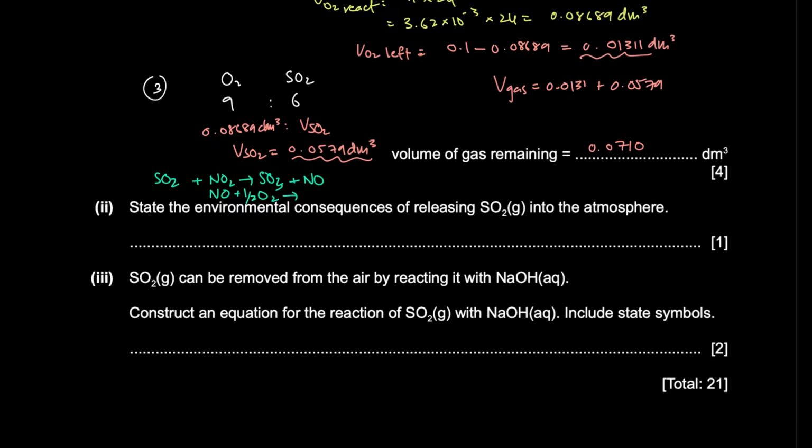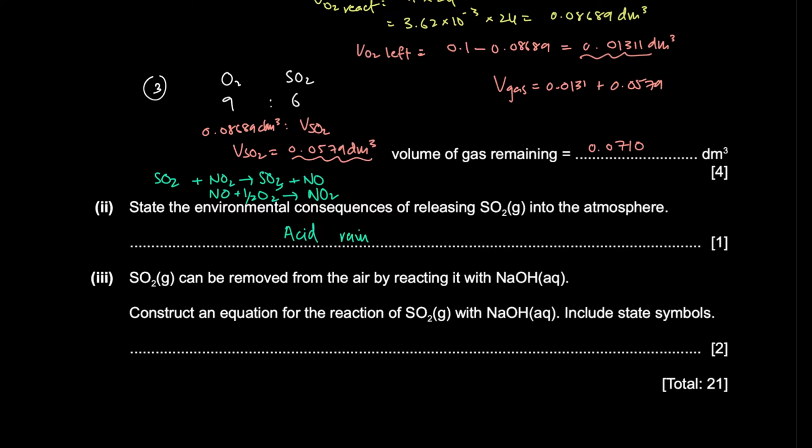Here, for example, nitrogen dioxide is catalyzing the formation of sulfur trioxide, right? And what happens is that now sulfur trioxide reacts with water to form sulfuric acid. So therefore we can say that it contributes to the formation of acid rain.